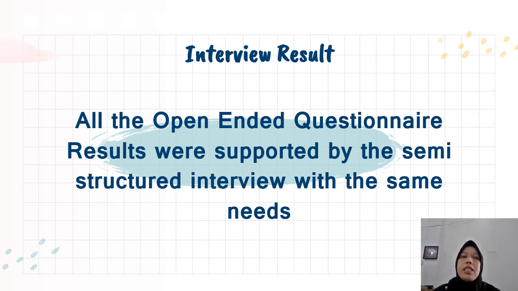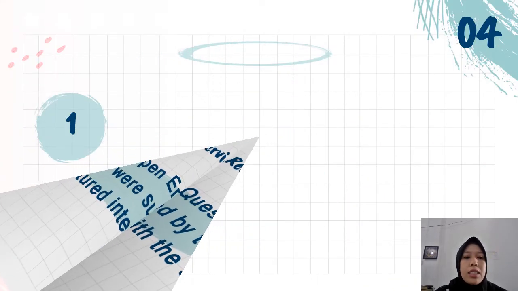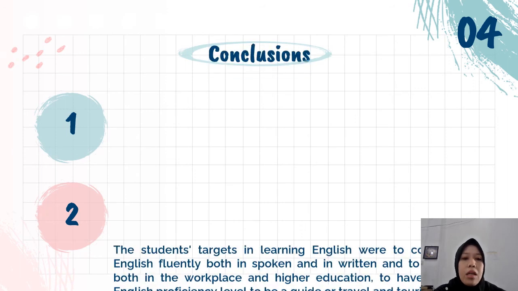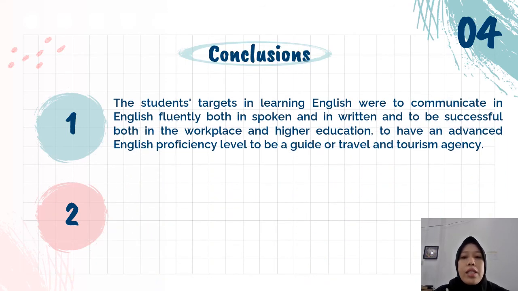Okay, while the semi-structured interview was done, all of the statements of the students support the data gathered from the open-ended questionnaire. So this research concludes that the students' target in learning English was to communicate English fluently, both spoken and written, to be successful both in the workplace and in higher education, to have an advanced English proficiency level, and to be a guide or work in a travel and tourism agency.